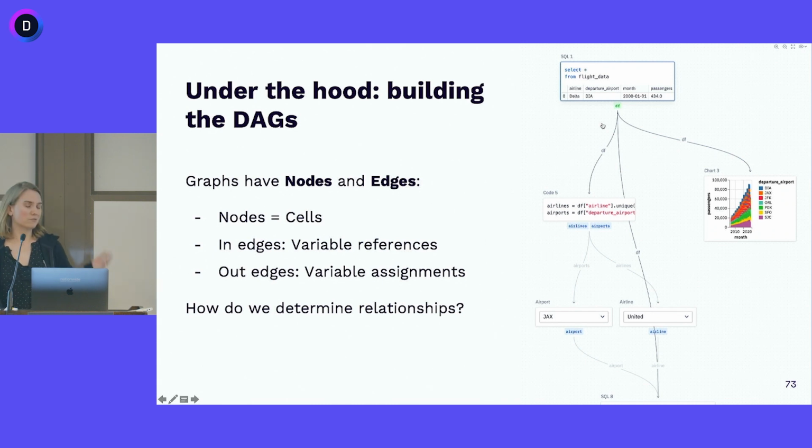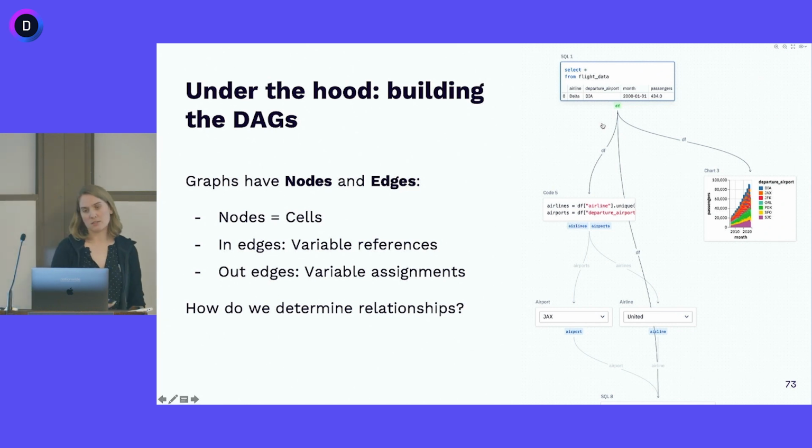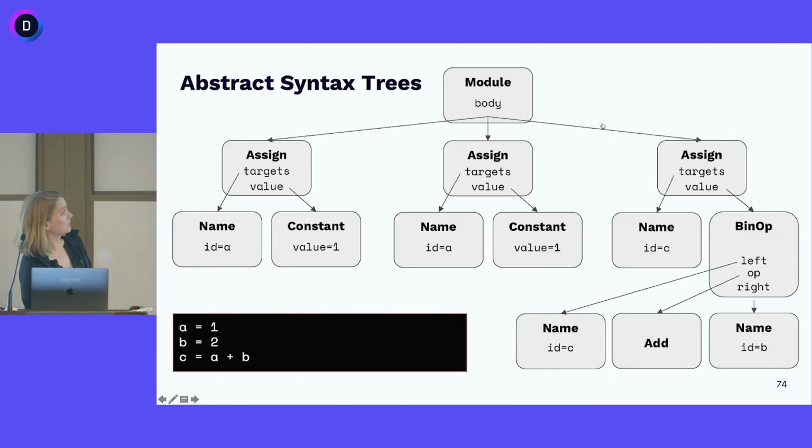This is fortunately pretty well understood in the programming languages and compilers community, and there's a whole other talk that you could do about how you actually do this. But for the purposes of this transformation, the only concept that we really need is the abstract syntax tree. Python is really nice because it has a library for generating this data structure automatically for you.